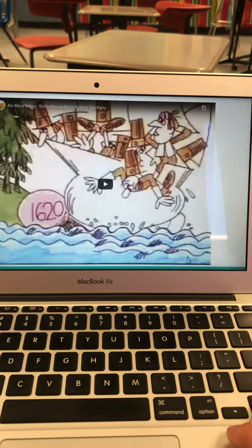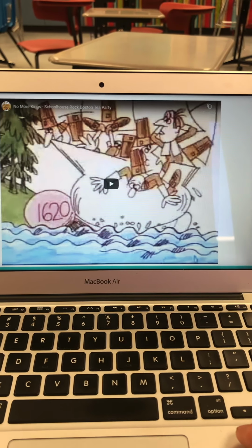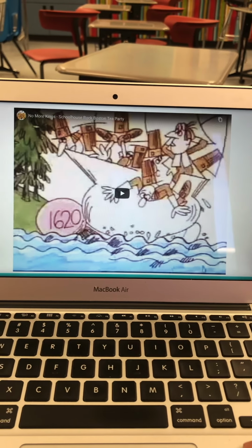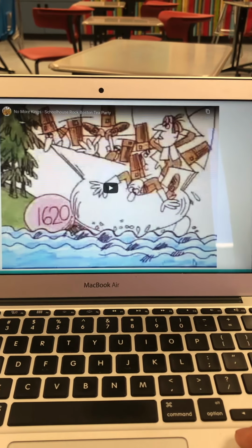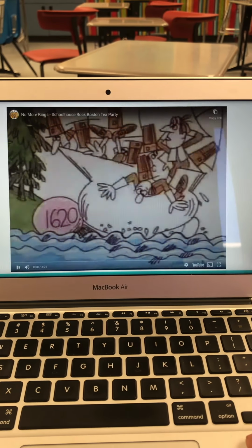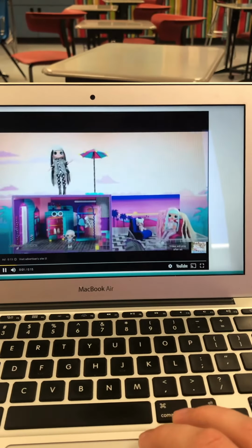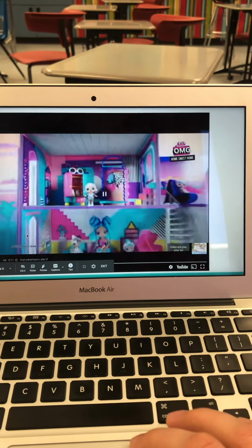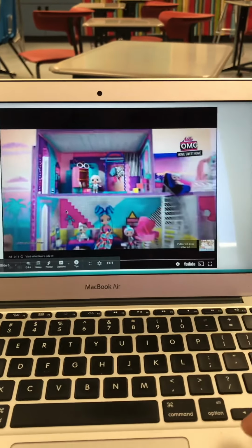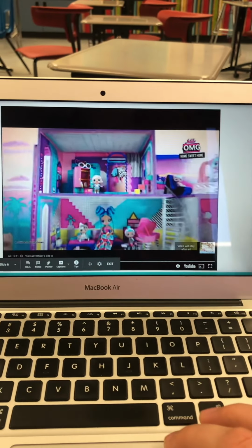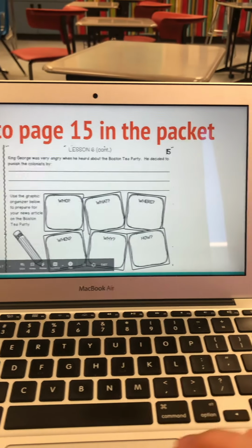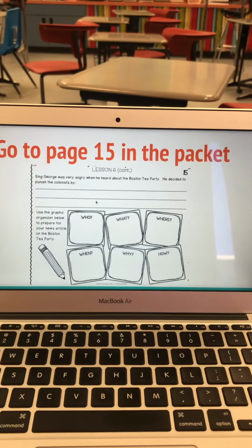This happened in Boston, Massachusetts, the same place where the Boston Massacre happened. After you watch the video, remember you have to pause it. Then you can click here and go back and forth too. After you're done with that, go to page 15 in the packet.